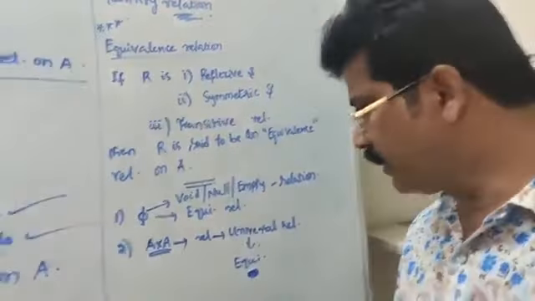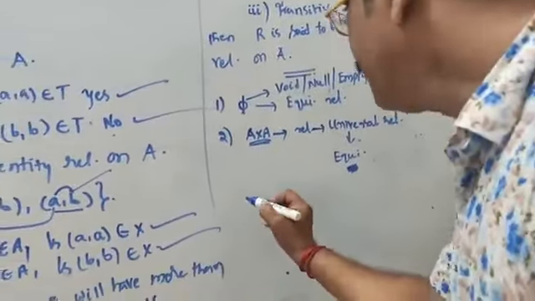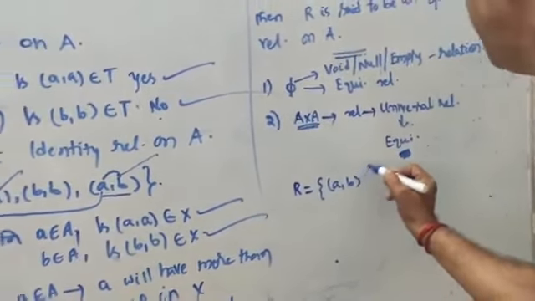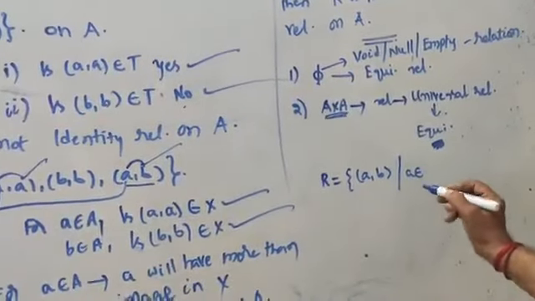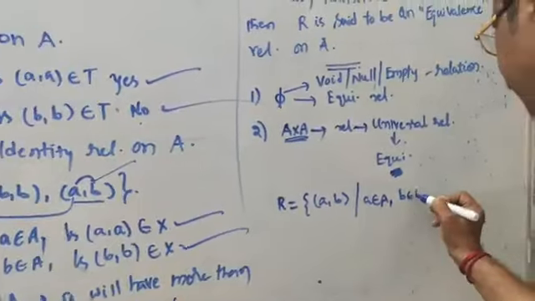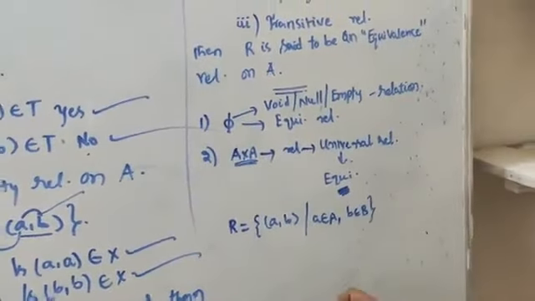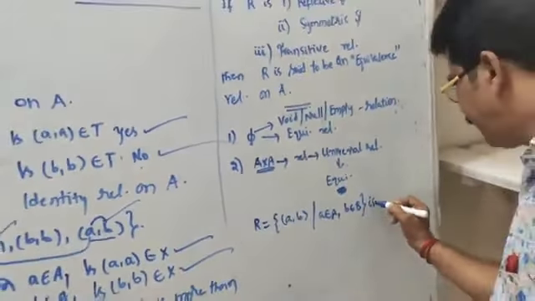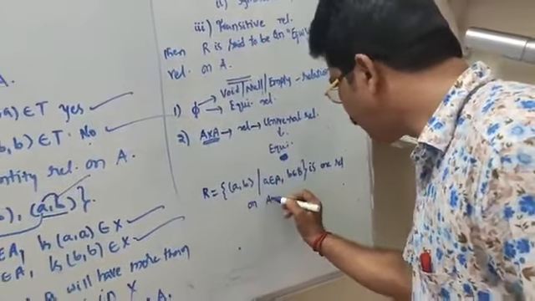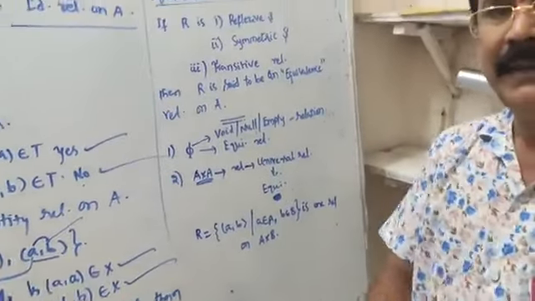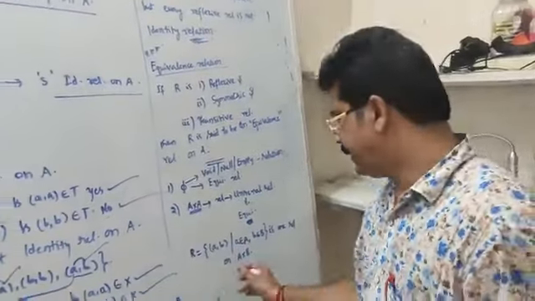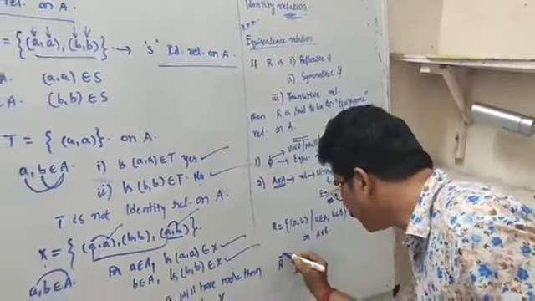Another small definition, you look at the board. If capital R is equal to the set of A comma B such that A is from capital A and B is from capital B, let it be like that, is one relation on A cross B, then its inverse is defined as and denoted by R inverse.